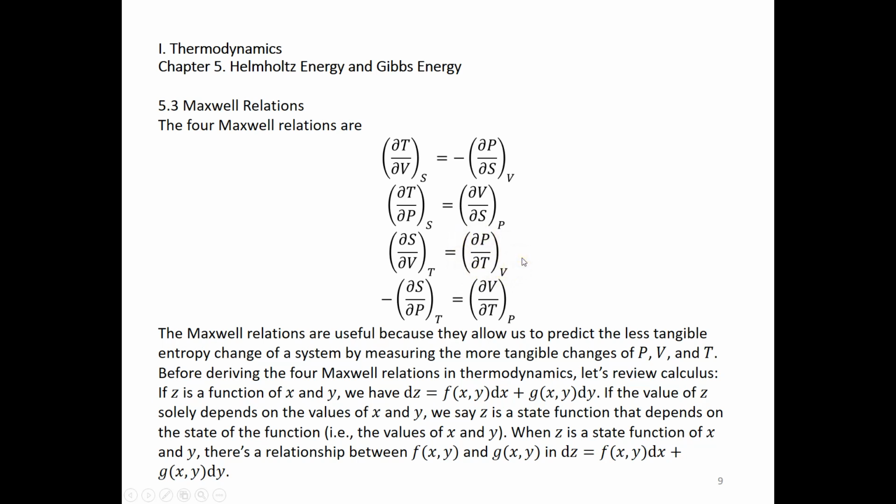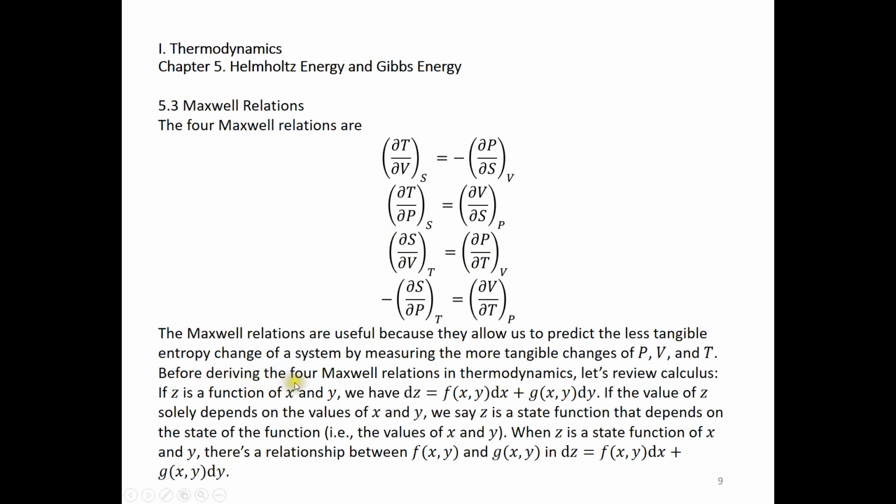The Maxwell relations are useful because they allow us to predict the less tangible entropy change of a system by measuring the more tangible changes of P, V, and T. For example, if you can hold the volume constant, you just need to measure the pressure change and temperature change. Do a division, and you get this.